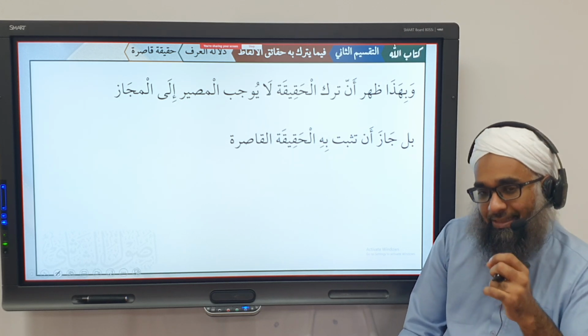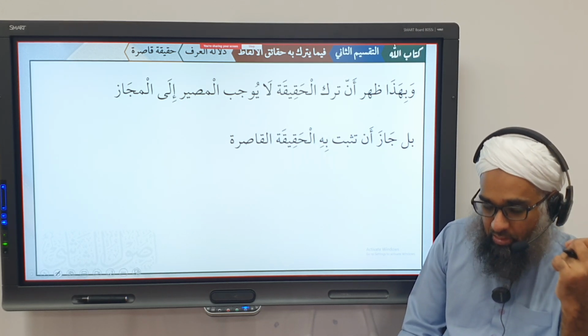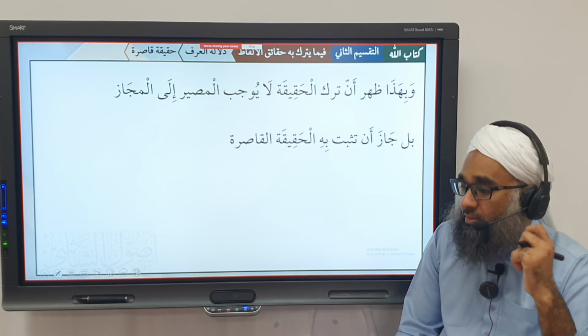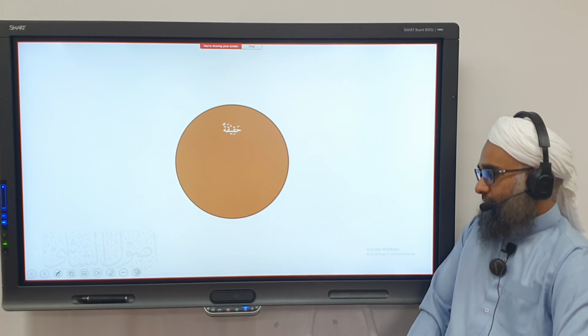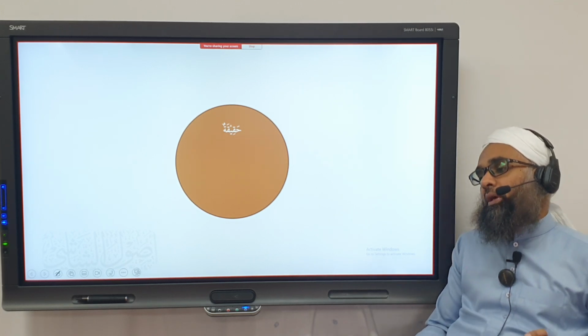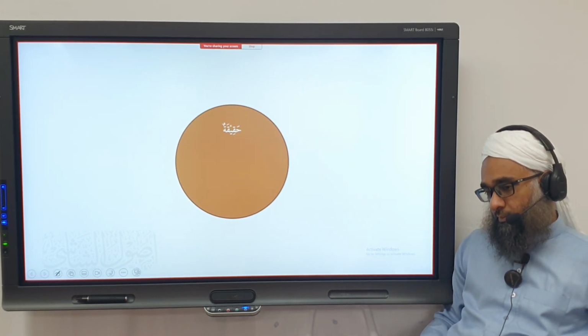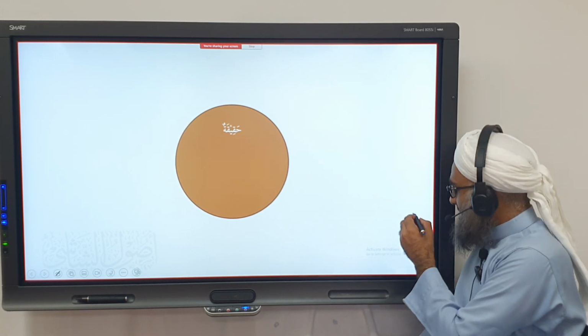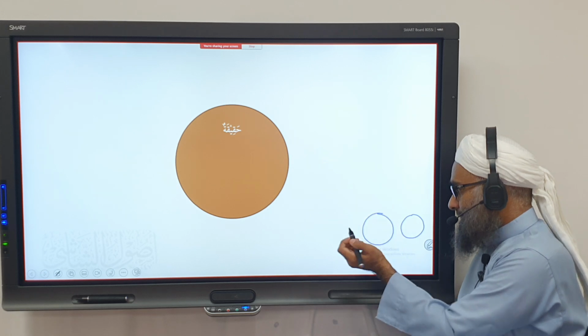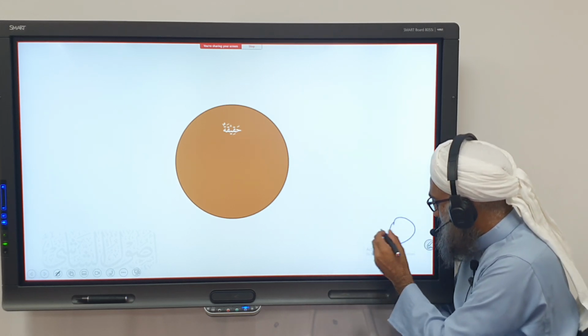It is possible that the haqiqah word is used but the intended meaning of the speaker is actually a حقيقة قاصرة. Okay? Following? Now, you can have a حقيقة and a مجاز. You have a حقيقي meaning.